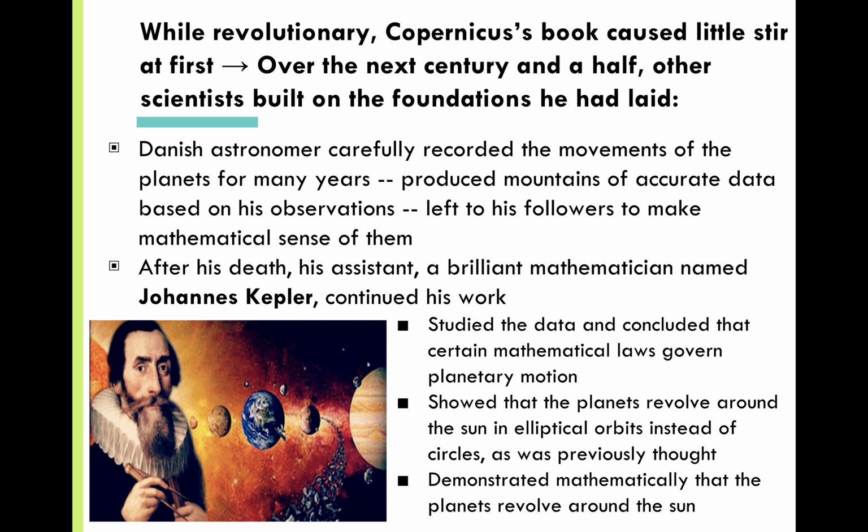Very brilliant mathematician, is going to continue the work of that Danish astronomer. He's going to study the data and conclude that there are mathematical laws that govern the planetary motion here. He's going to show that the planets revolve around the sun in an elliptical orbit, okay, instead of circles, as previously thought.